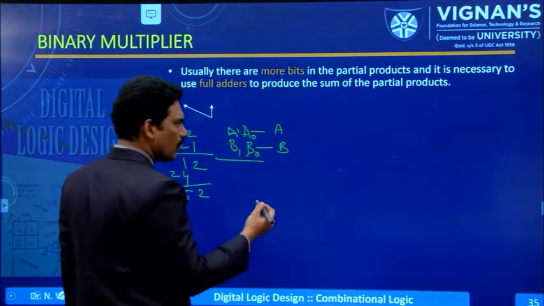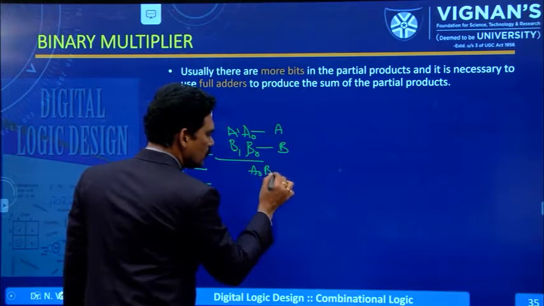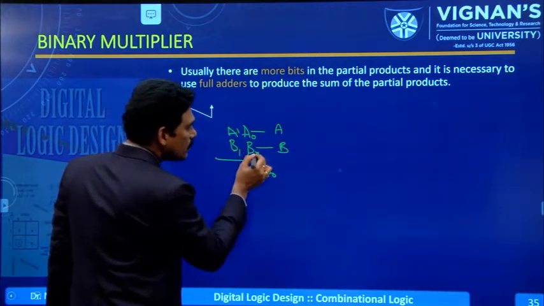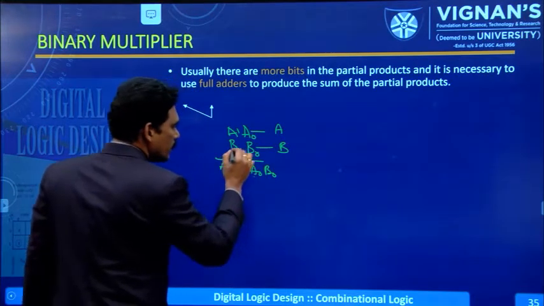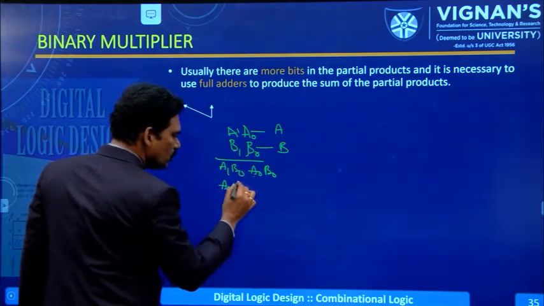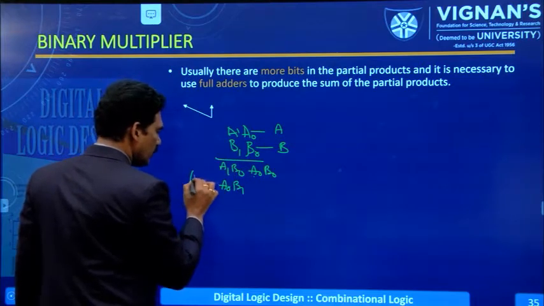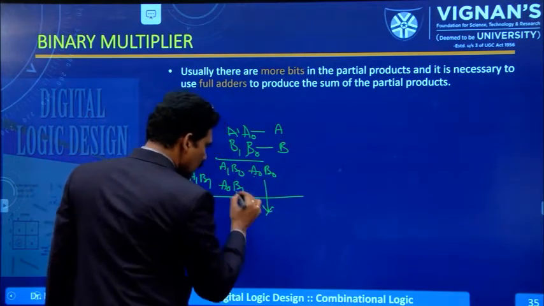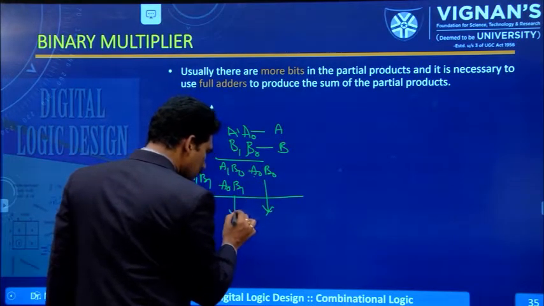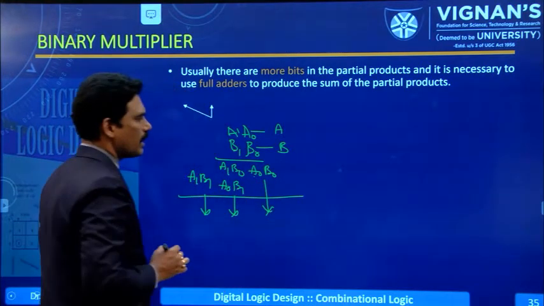Now how to perform it? A0 into B0. Next A1 B0. Now A0 B1 and A1 B1. Here we perform the addition operation, and we consider the result like this.